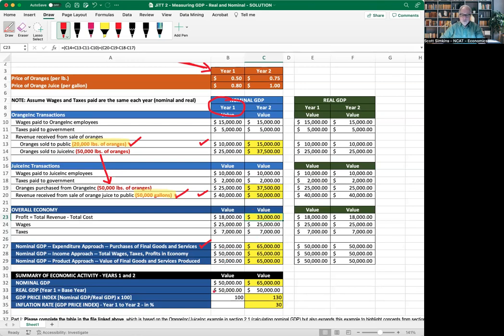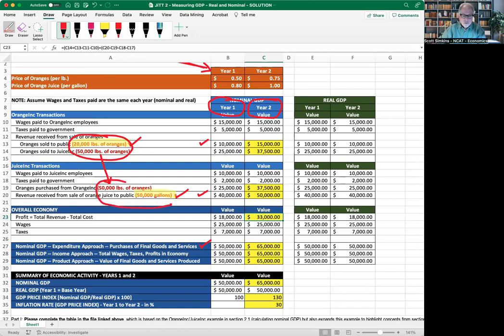So before we come down to the bottom here, let's take year 2. Why are the numbers in year 2 for nominal GDP potentially different? Notice that we're using the same quantities in this example in year 1 and year 2.